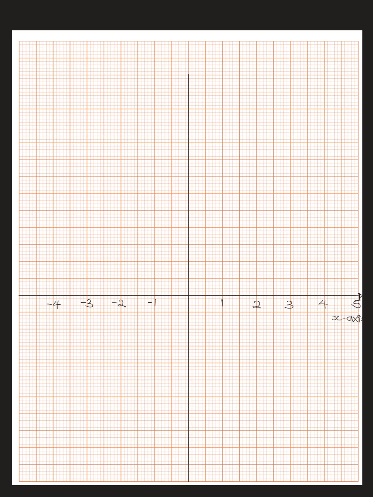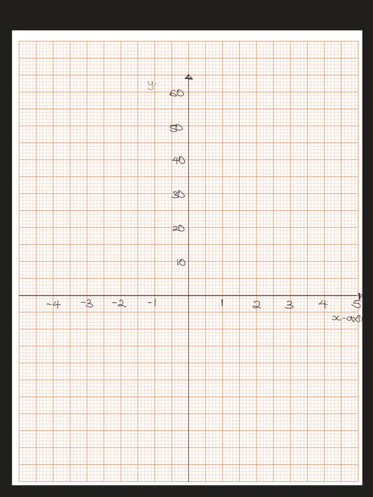On the y-axis, we are instructed to use 2 centimeters to 10 units. So it means from the origin on the y-axis, we count our first 2 centimeters, then we indicate 10. Then afterwards, we'll be adding 10. So we're going to have 20, 30, 40, 50, 60, and so on.